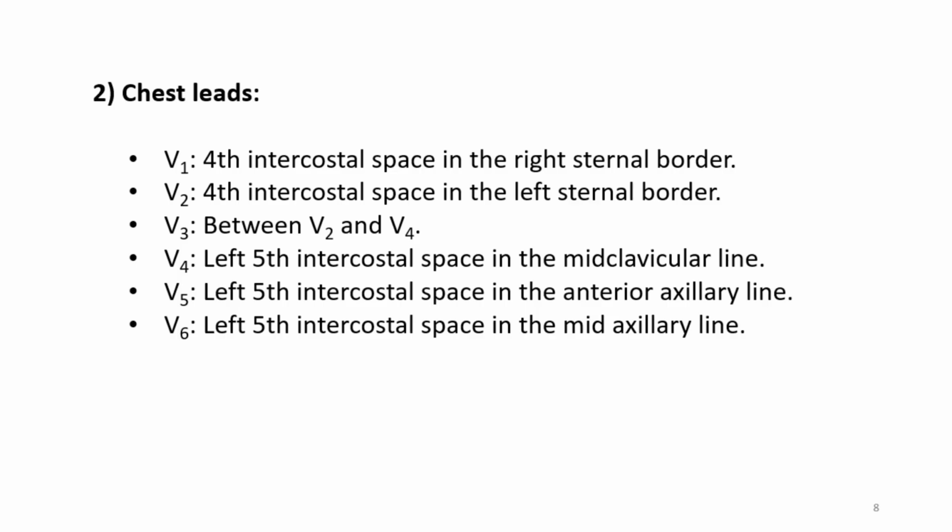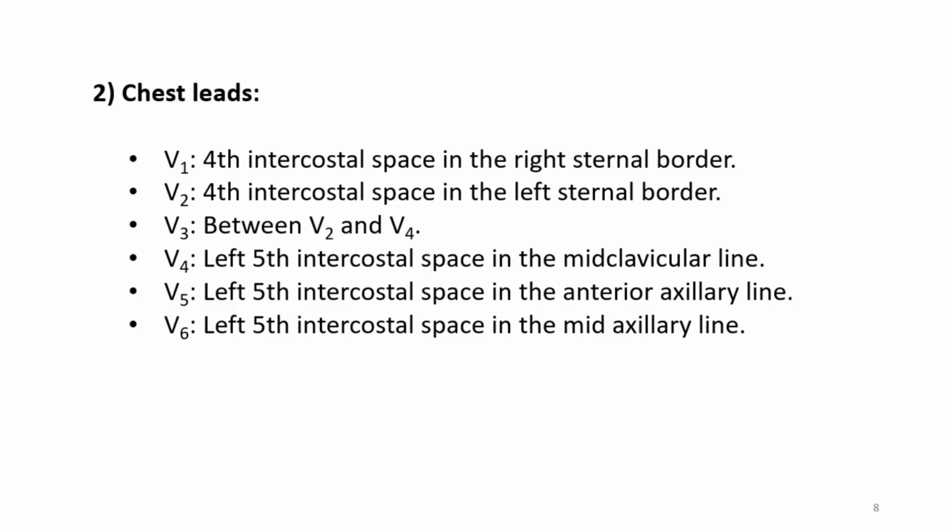So V1 is put on the fourth intercostal space at the right sternal border. Here I should say that the manubrium sterni and corpus sterni connection corresponds to the second intercostal space, so that we can easily determine the fourth intercostal space.